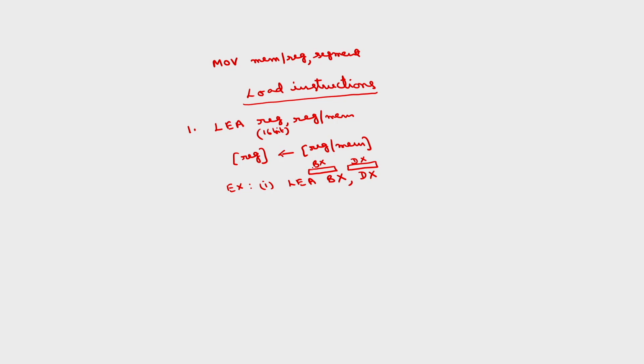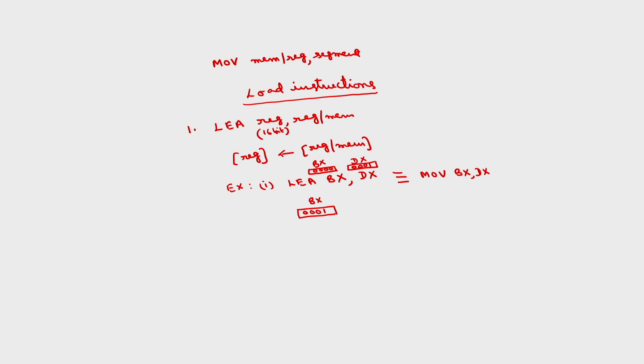Say BX is 0000, and DX is 0001. So, simply BX will be loaded with 0001. This instruction is equivalent to MOV BX comma DX.